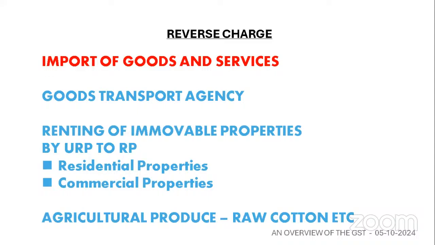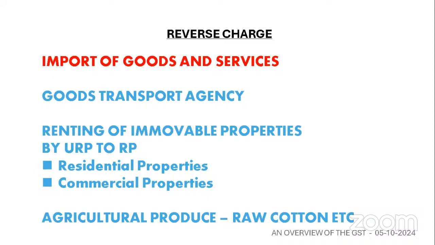Therefore, in the service tax regime itself, they said, you are the goods transport agency service provider. Don't pay me any tax. I will catch hold of the goods transport agency service buyer, receiver. So, under the reverse charge mechanism, the service tax was levied from that day itself.